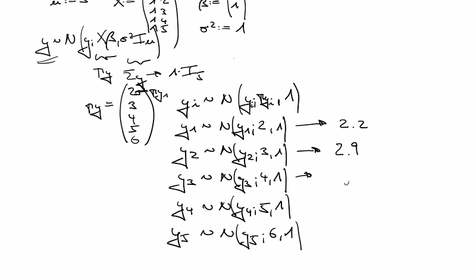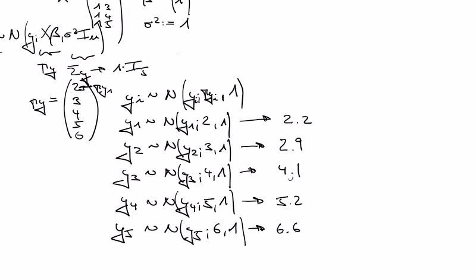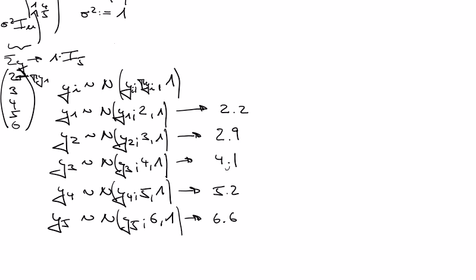And then here we might get something like 4.1, here we get something like 5.2, and here we get something like 6.6, again a bit of an outlier. So that's now our sample, so that's now our y that we got.